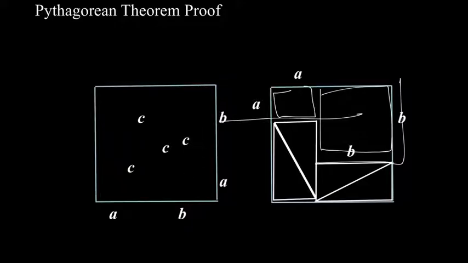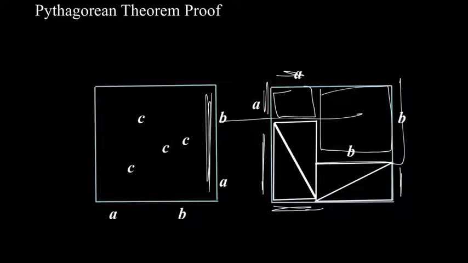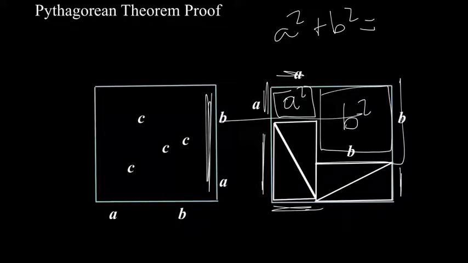Because remember, the length of this side was B plus A. This part's B, this part's A. This is A, so this must also be A. If this is A and the whole thing's A plus B, then this must be B, and so on the line there. So the area in here is B squared, the area in here is A squared. And if these are the same four triangles, and they took up the same space inside of that same square, that means that A squared plus B squared is equal to the area of that original square, which was C squared.